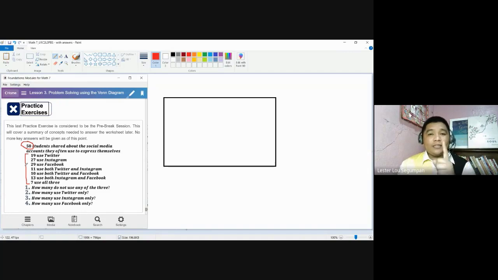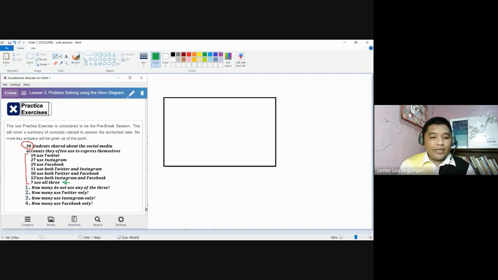That would mean just by one student yourself, you have three responses already. This is the thought here, because when you reach the final given, seven use all three. So these seven students mentioned Twitter, Instagram, and Facebook as the social media platforms they often use.